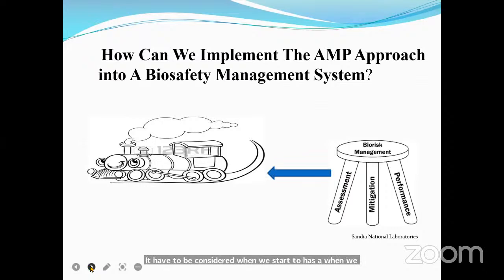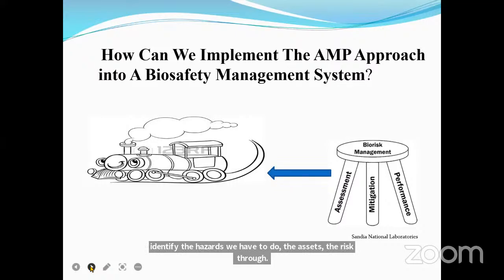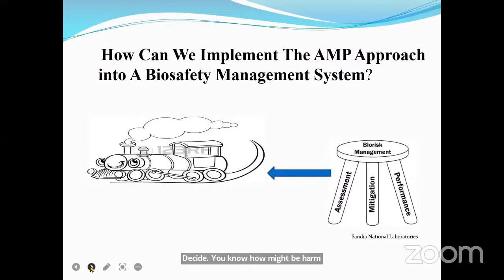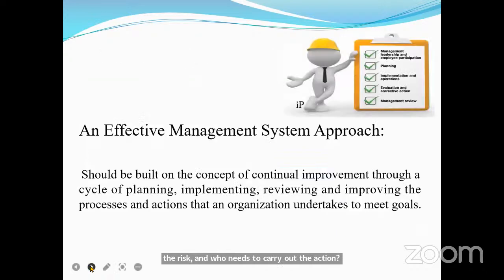After we identify the hazard, we have to assess the risk by deciding who might be harmed and how. What are you already doing to control the risk, what further action do I need to take to control the risk, and who needs to carry out the action? This is the most important part.